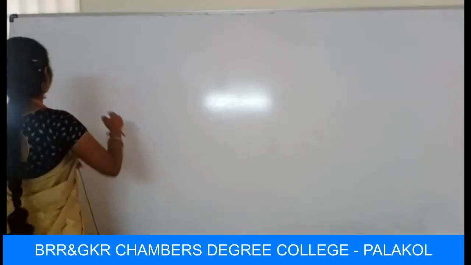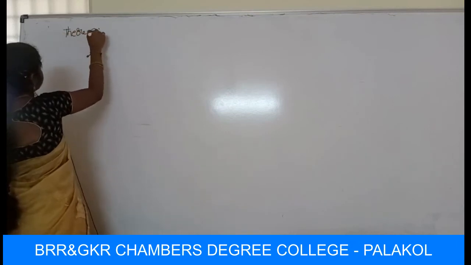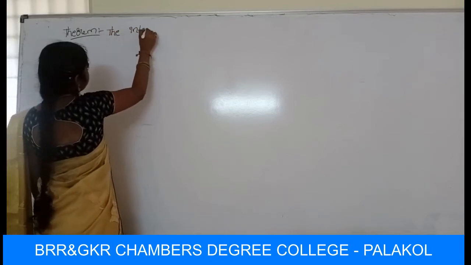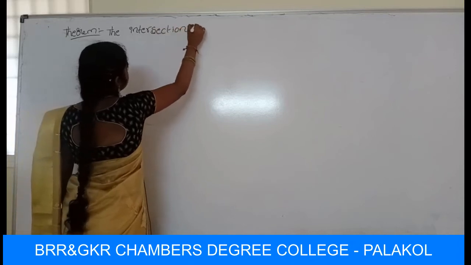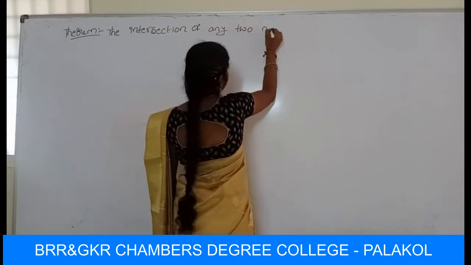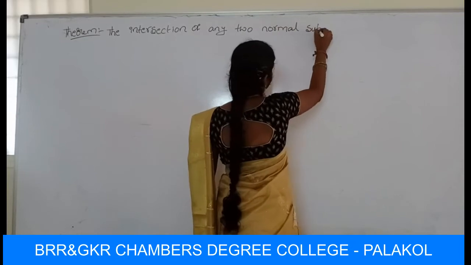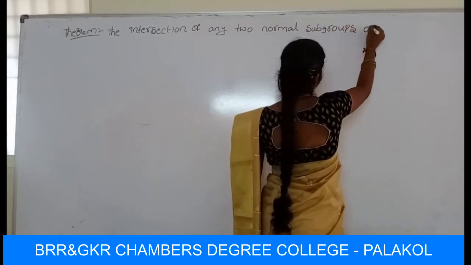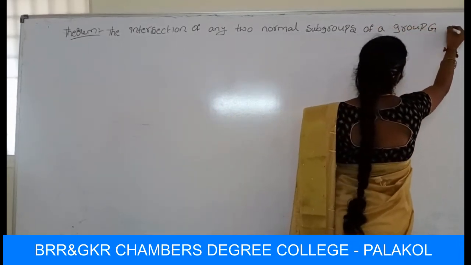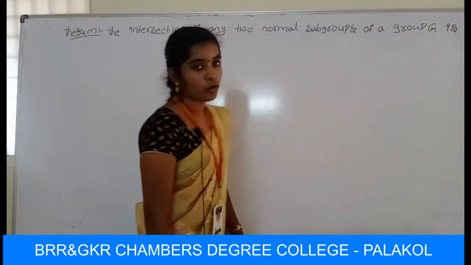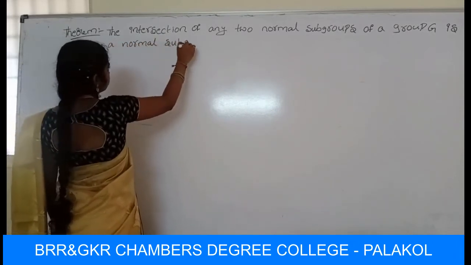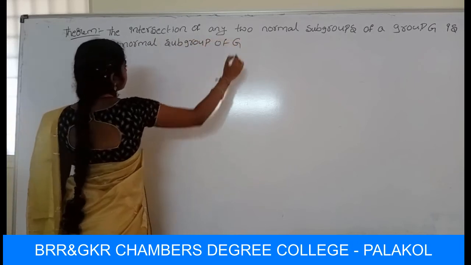Next theorem. The theorem statement: the intersection of any two normal subgroups of a group Z is a normal subgroup of Z. So this is the statement.